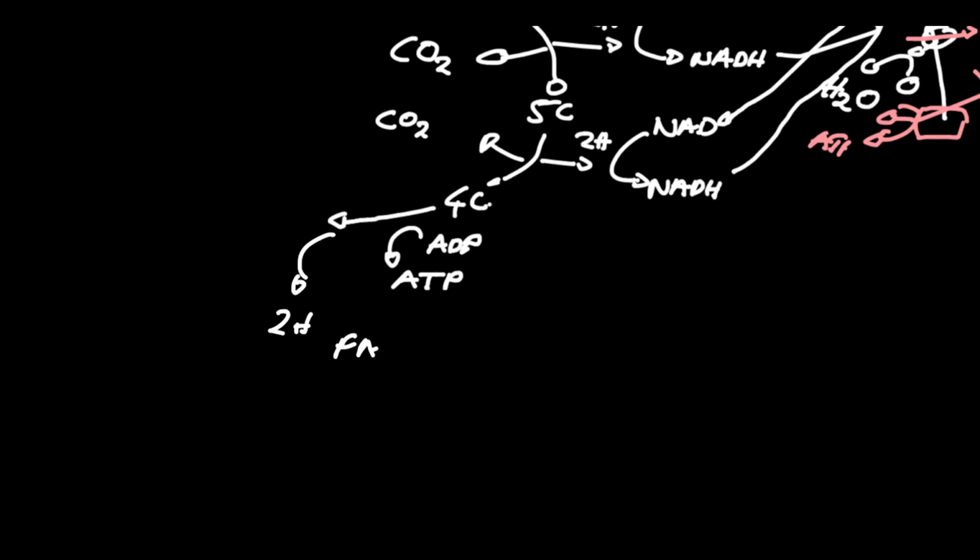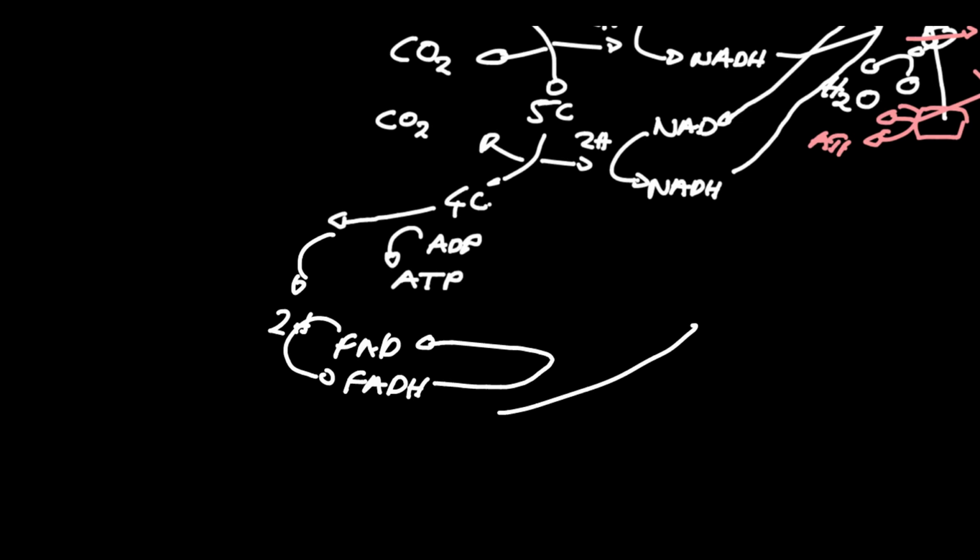Again, the FAD becomes reduced, forming FADH, and that FAD then goes off again to the electron transport chain on the inner mitochondrial membrane. Yet again, delivers electrons. Electrons go down the chain of carriers. However, FAD moves less protons than NAD does, so an FAD will only generate 2 ATPs, whereas an NAD will generate 3.